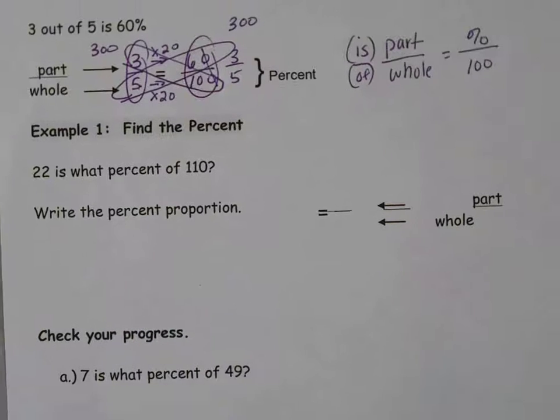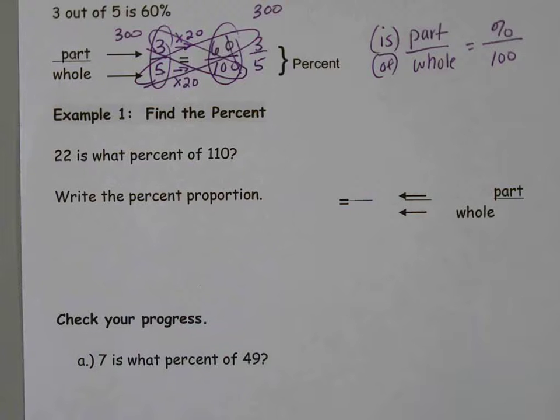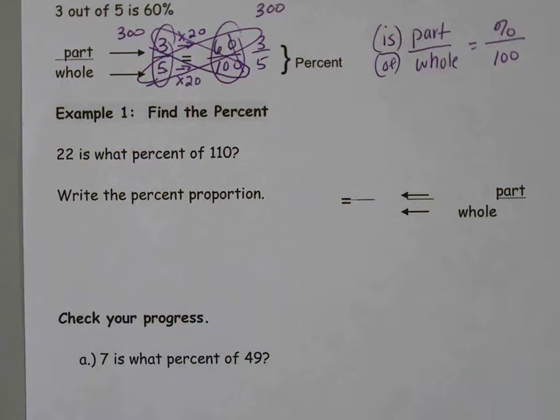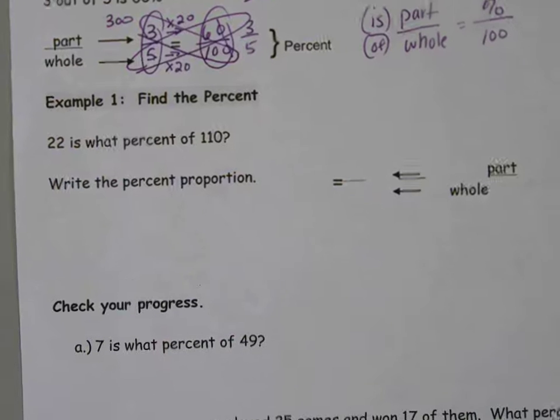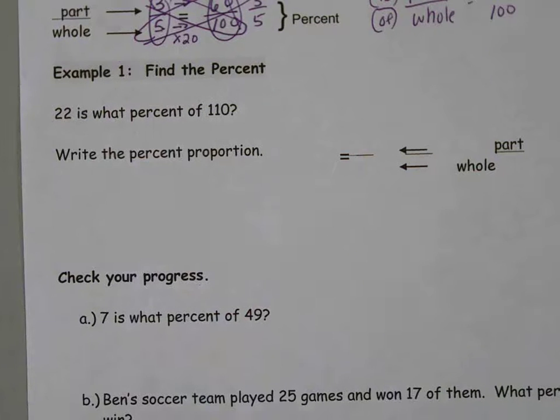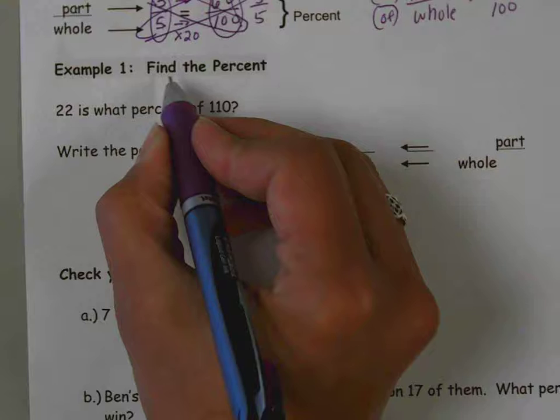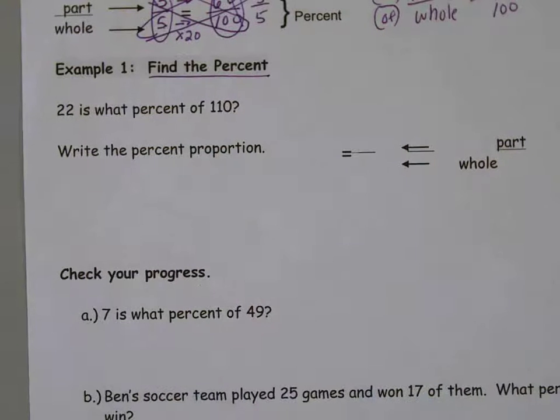So let's actually do a percent problem. 22 is what percent of 110? This is where the is and the of can kind of help us out here. So right now we're just finding the percent, so that's a hint as to what we're looking for. 22 is what percent of 110?